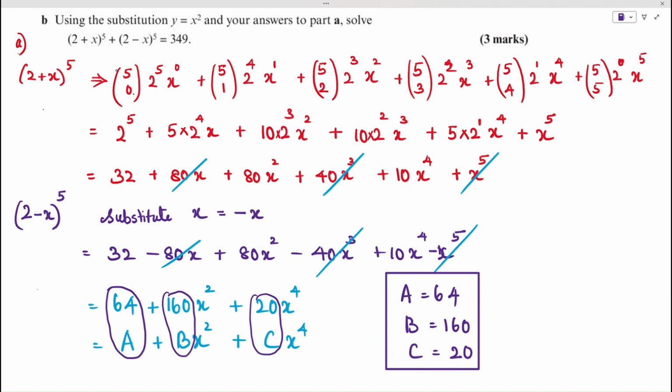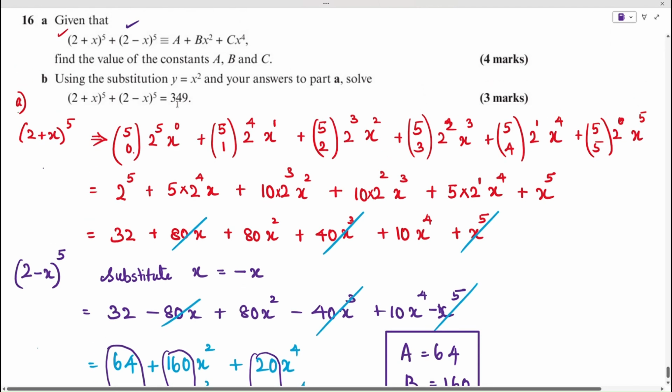Now for part B. Using the substitution y equals x squared, and your answer to part A, solve (2 + x) to the power of 5 plus (2 - x) to the power of 5 is equal to 349.